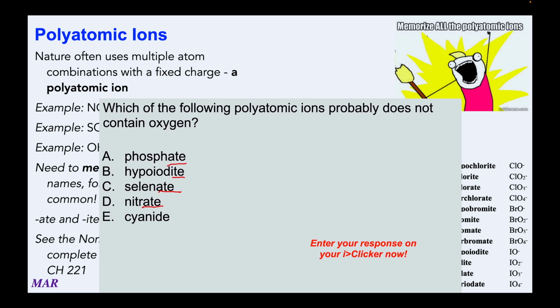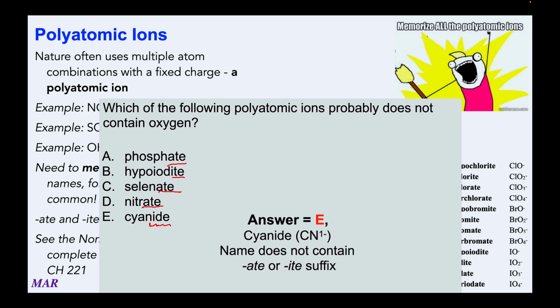So the only one here which doesn't have -ate or -ite would be cyanide. So we would guess, and guess correctly, that cyanide does not contain oxygen. It doesn't have an -ate or an -ite suffix. So that's one other hint to help you figure these out.